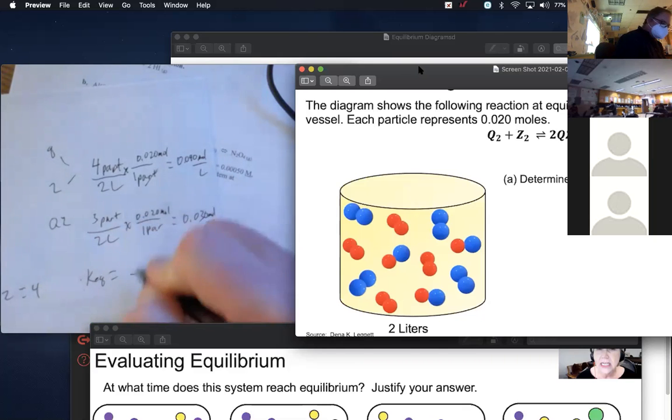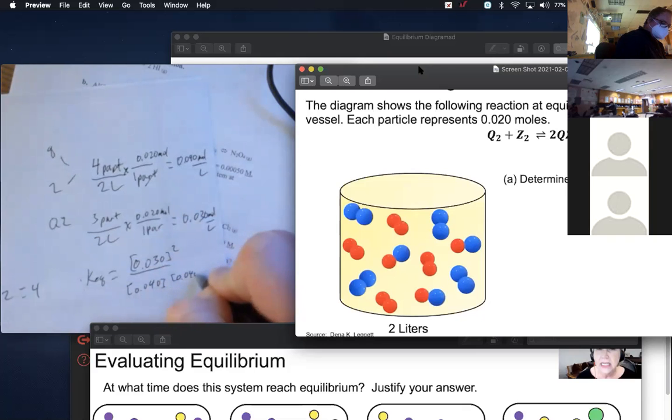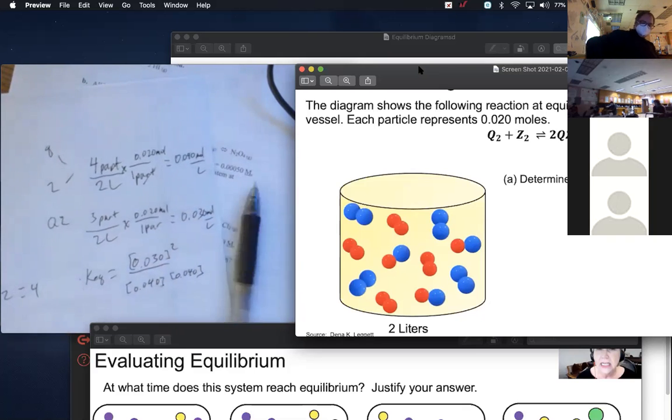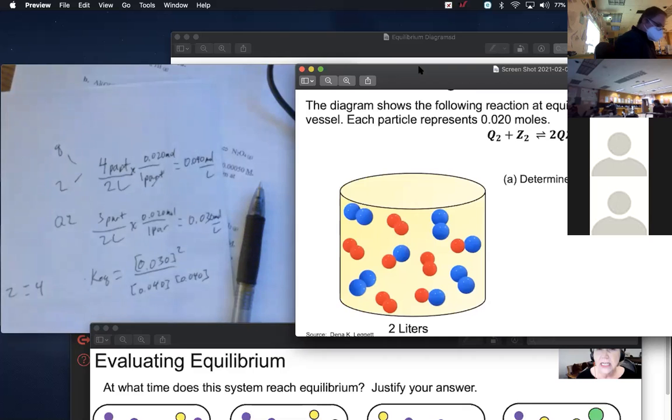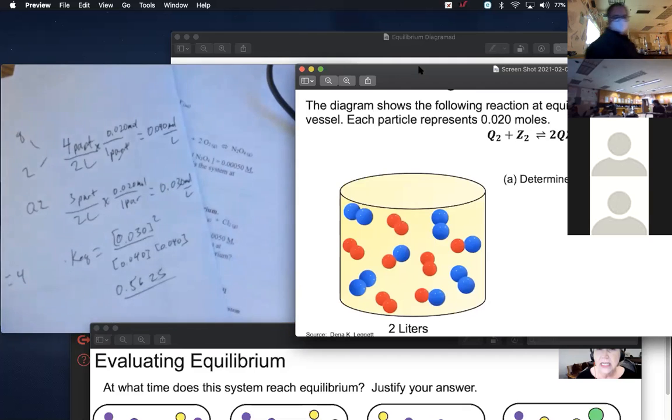So we have 0.030 squared over 0.040 times 0.040, so that also would be squared. 0.03 squared divided by 0.04 squared. We get 0.5625, which makes sense. It is less than 1.